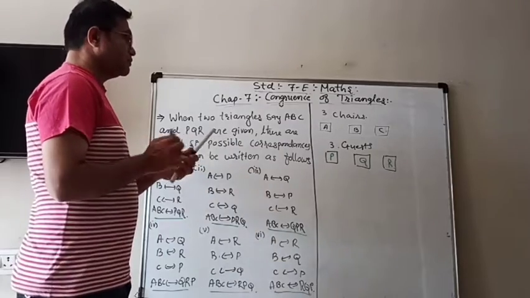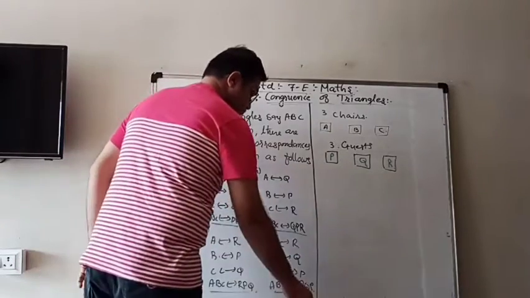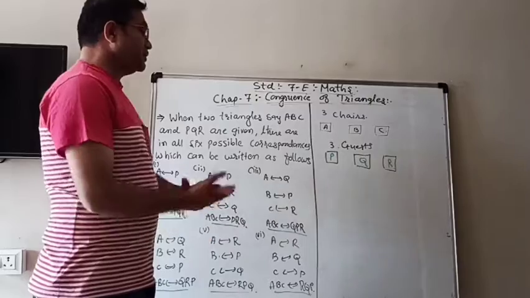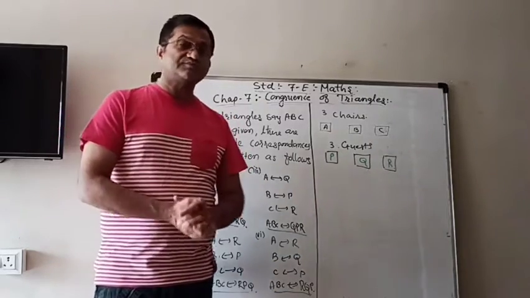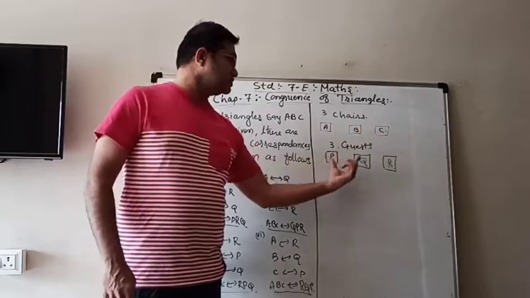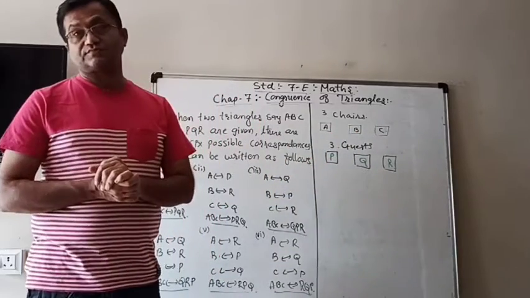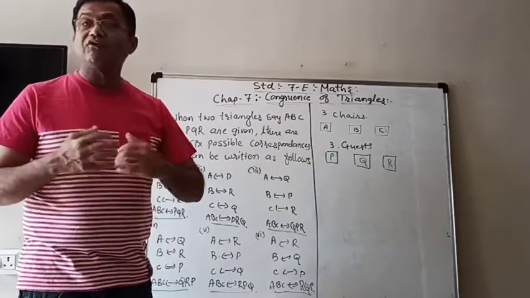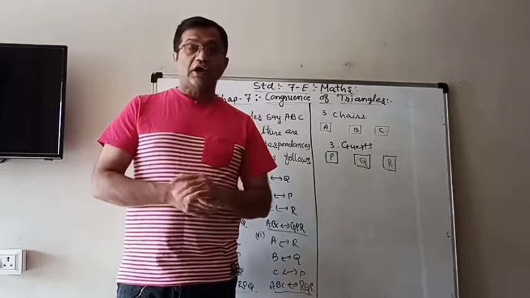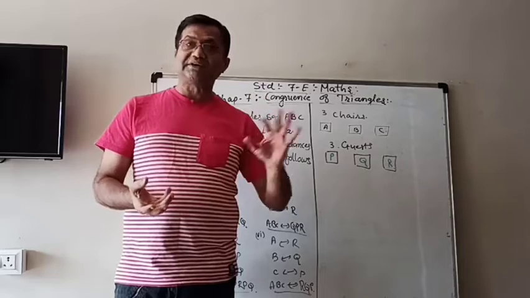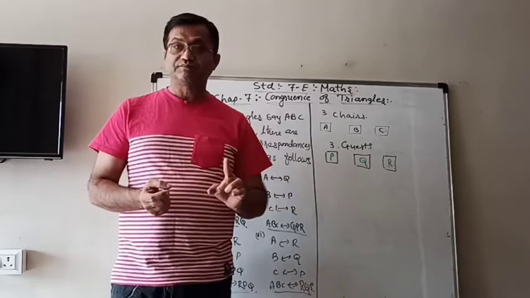So now let me ask you some questions. Actually, I will give you the answer also. Now there are the 3 chairs and 3 guests. Now how will they be seated? Obviously, one person can sit only on one chair.